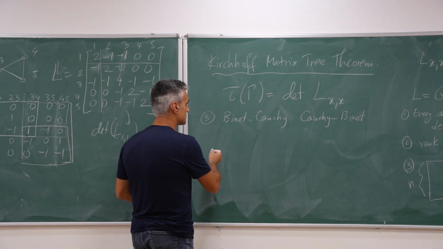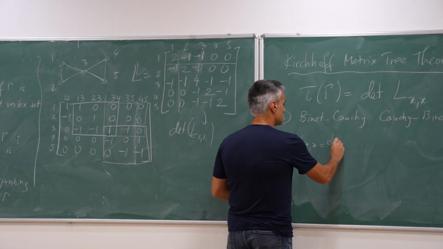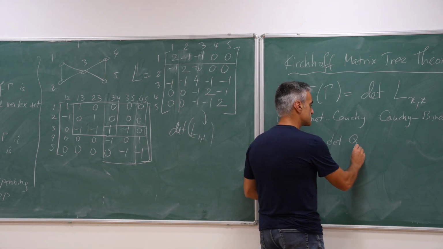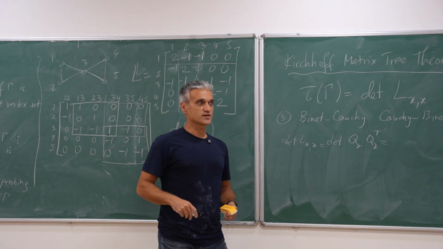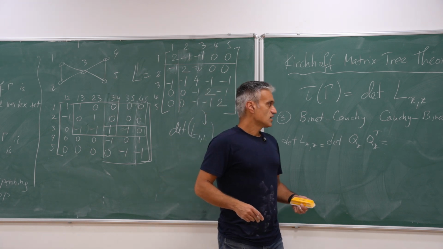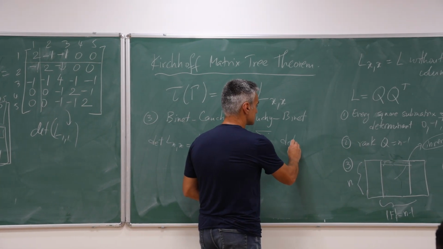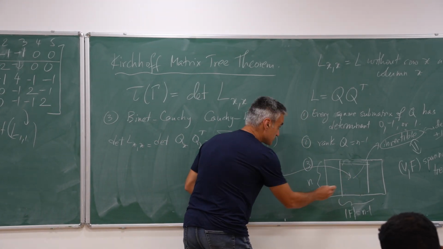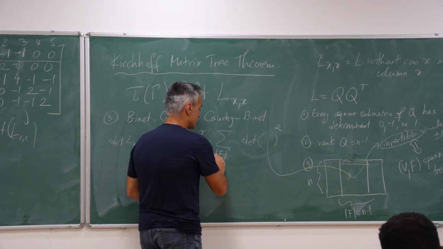So if you take the determinant of Lxx, which is going to be the determinant of this Q matrix in which you delete the row x from Q and the column x from Q transpose, it's going to be a summation of determinants of such matrices, squared, for all F in the family of edge sets of cardinality n minus 1.